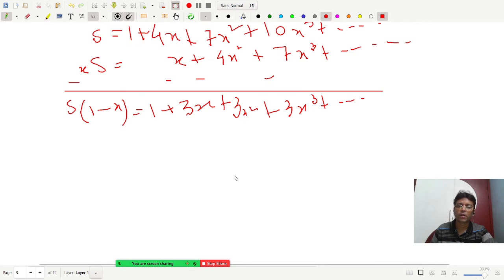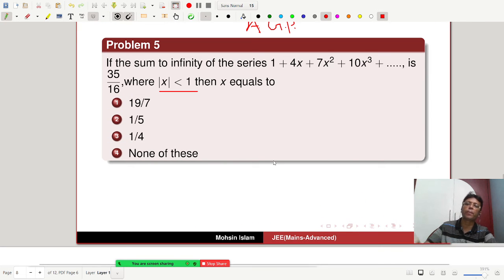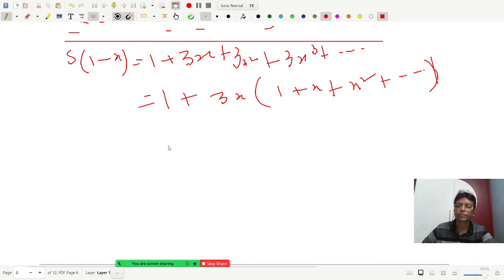Okay, so except for 1, all the terms are in infinite GP. If you take 3x, 1 plus x squared, etc., this is an infinite GP because mod x is less than 1, so you can apply the sum of the infinite GP.